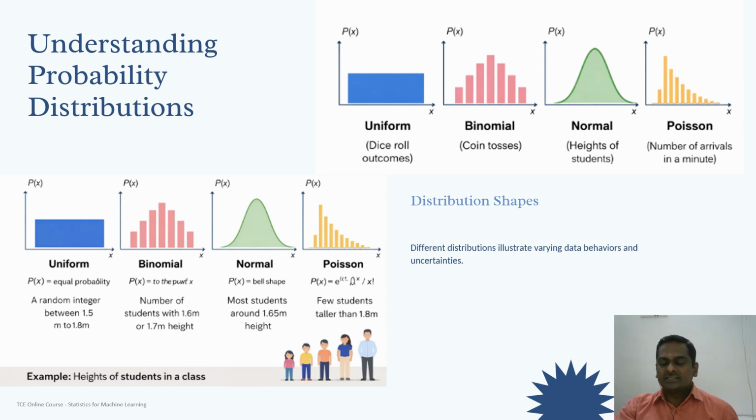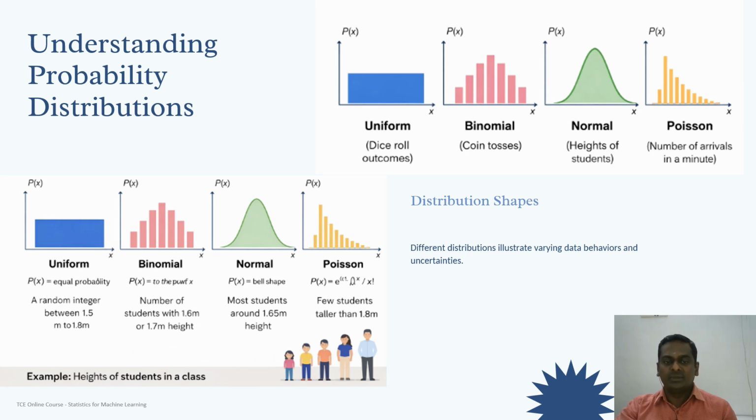You can see the various examples for the different types of distribution: for uniform, dice roll outcomes; for binomial, coin tosses; for normal distribution, heights of the students; and for Poisson distribution, number of arrivals in a minute. So an example is given below. For uniform distribution, P of x is equal to equal probability.